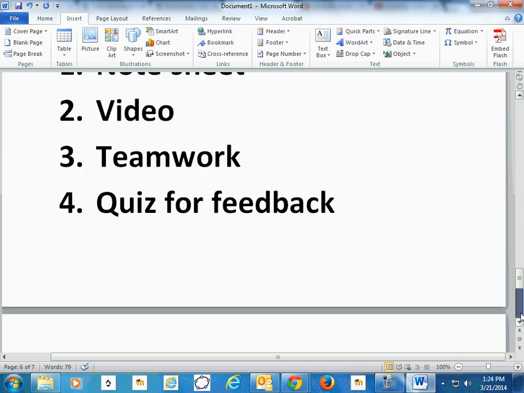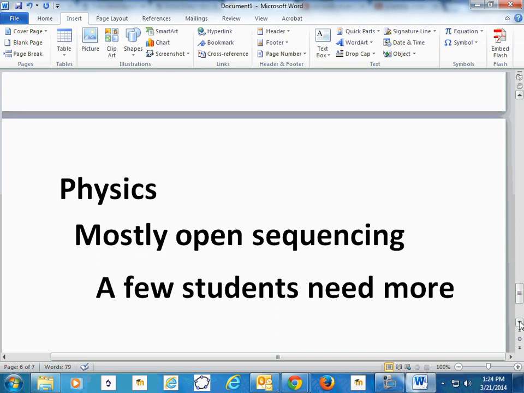The physics course is mostly open sequencing. I have a few students that need more, and so I have started setting that up so that they have to complete assignments early in the quarter before they get to see what's next.